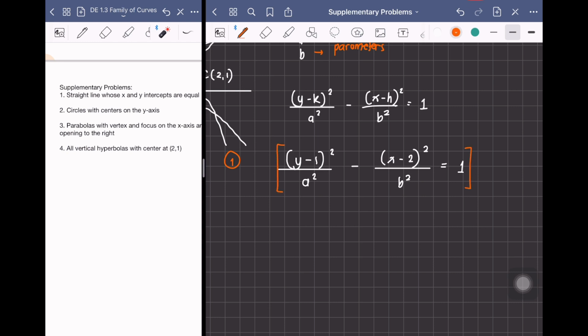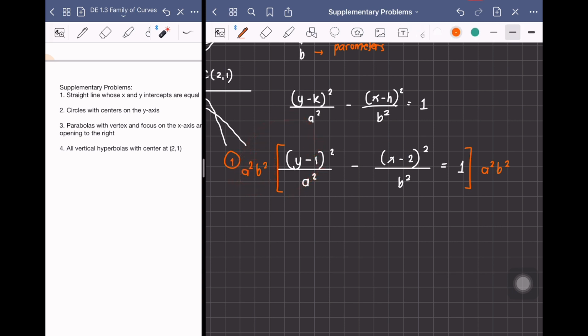For the LCD, that would be a squared b squared, the product of the denominators. We multiply both the left and right side of the equation by a squared b squared, and then distribute on both sides. For the left side, multiplied by this, a squared cancels.